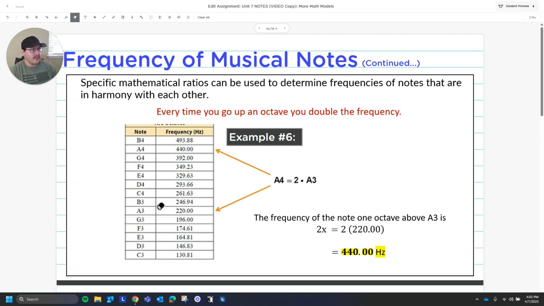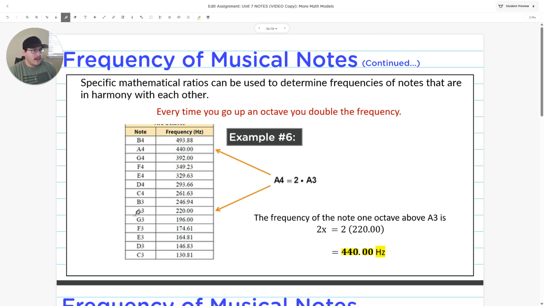No, sorry, I got that one wrong. A3 is 220 hertz. And let's say we want to go up an octave to A4. So we're going to take whatever A3 is and then multiply it by 2. So 220 times 2 is 440 hertz, which you can see right up here.